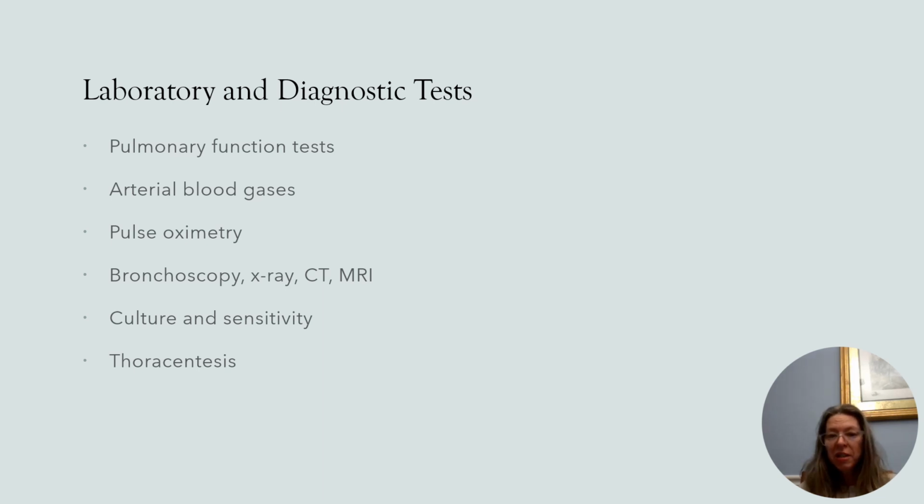Pulmonary function tests, those are those little meters where you blow into, you exhale at maximal force or maximal effort, so we can see how much air you're able to exhale from your lungs. Those are great with asthmatics or COPD patients. Pulse oximetry measures your blood oxygen levels at the capillary level, and then of course, X-rays, CTs, things like that.